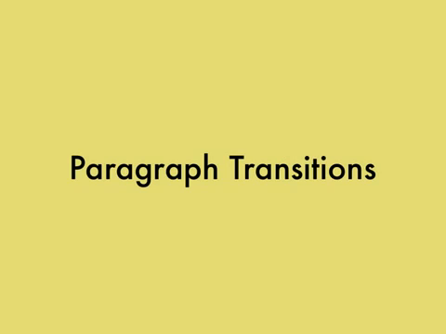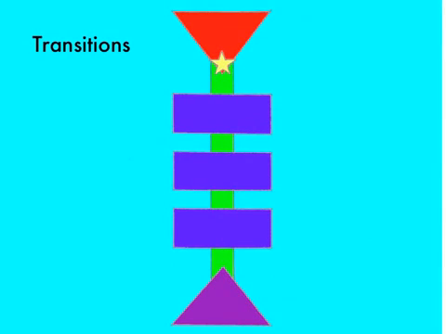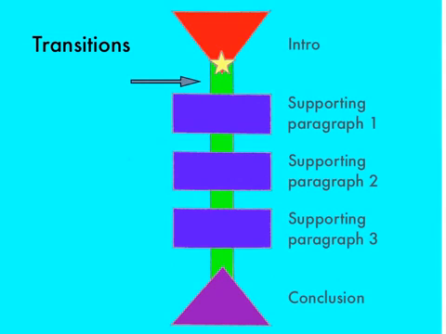Before we finish, there's one more thing. Paragraph transitions really need their own video, but briefly, look at the diagram again. See how these parts aren't actually touching one another? They aren't actually connected. You need to put a little link between each one so the machine runs smoothly. That's a paragraph transition. Here you might say something like, first of all, and here you might write, furthermore.